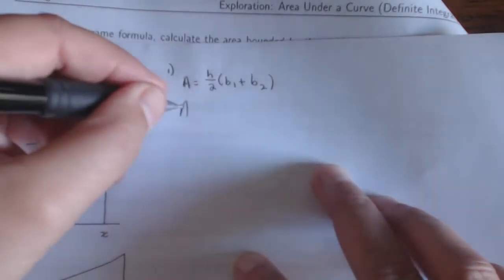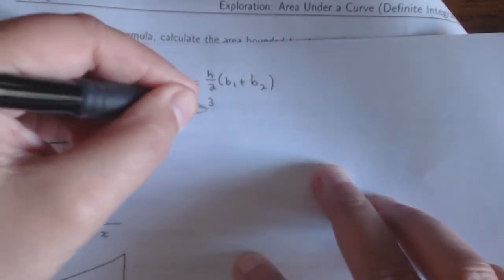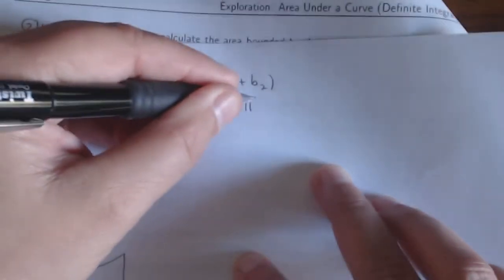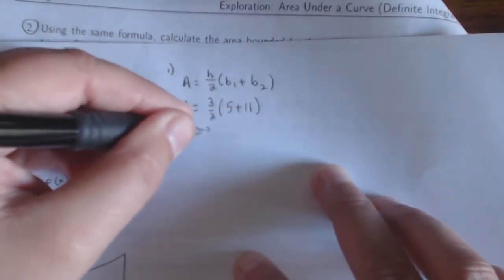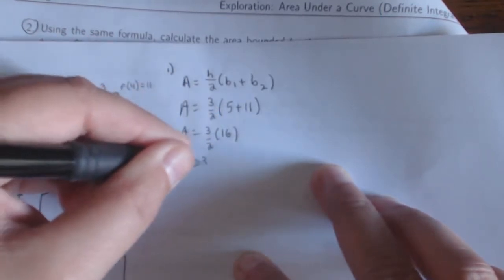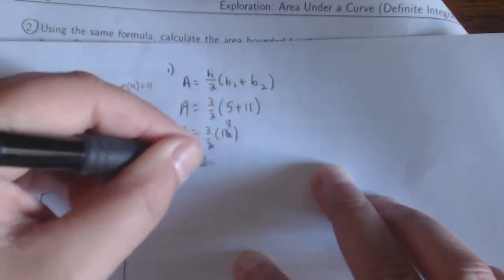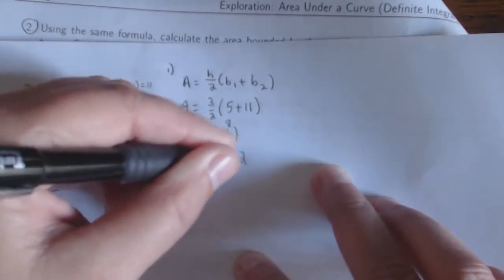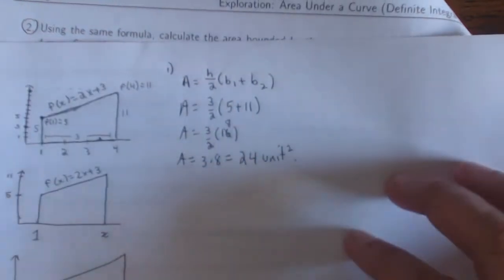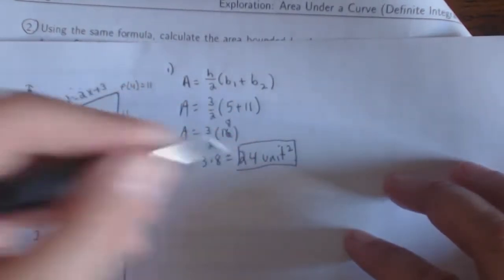So if we put it in here, A equals 3 over 2 times 5 plus 11. A equals 3 over 2 times 16. That's the same as 3 times 8, which is 24 units squared. So we know that it's 24.